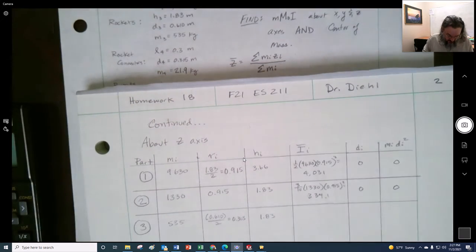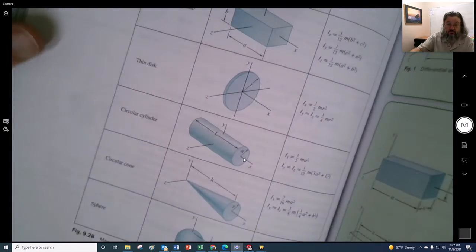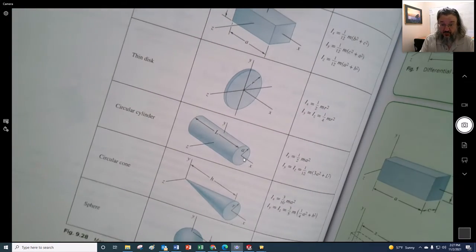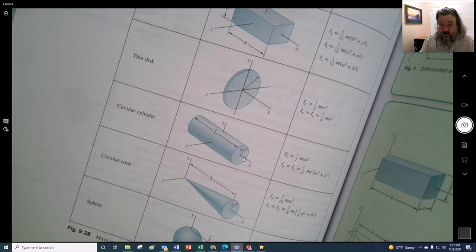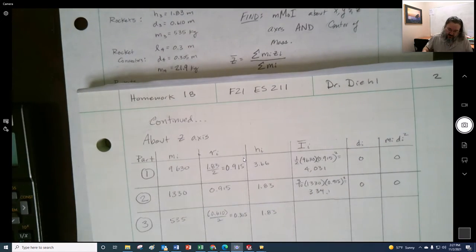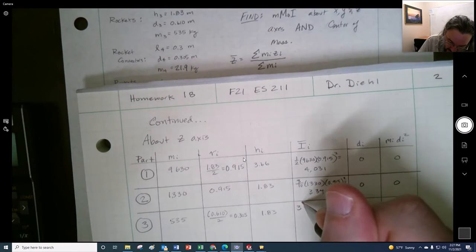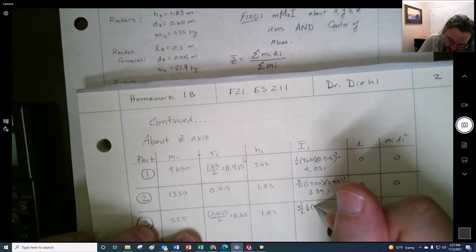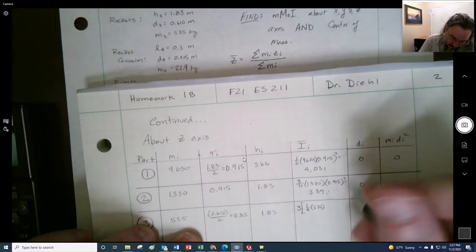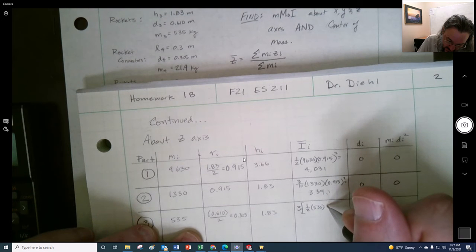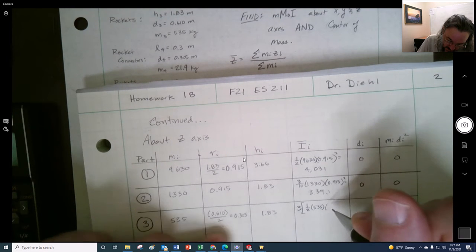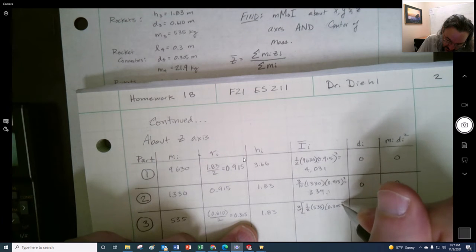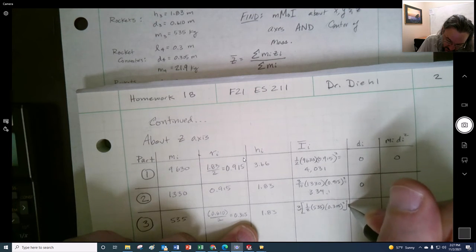Now, these are going to be about the center. So once again, 1/2 m a squared, but there's 3 of them. So I'm going to write this over to the side. 3, and then our 1/2, 535, and radius 0.305 squared equals.